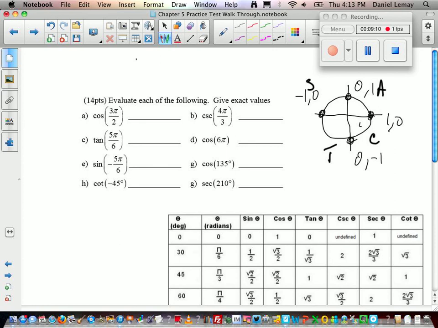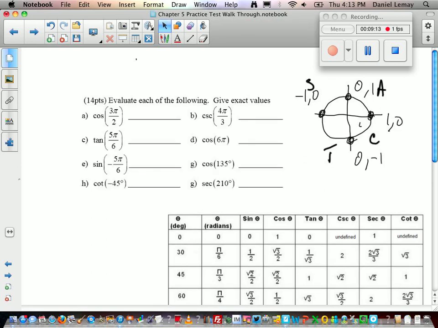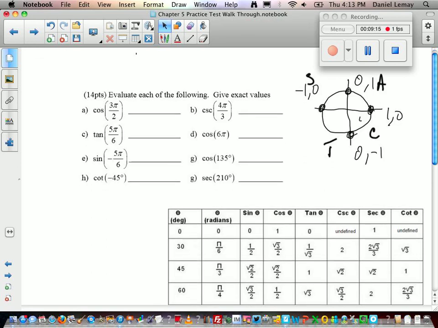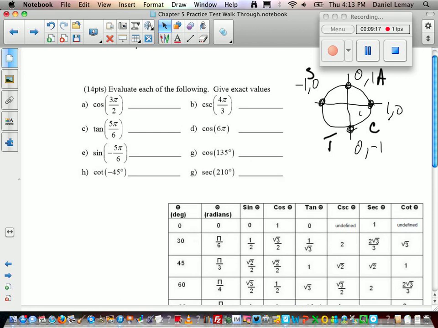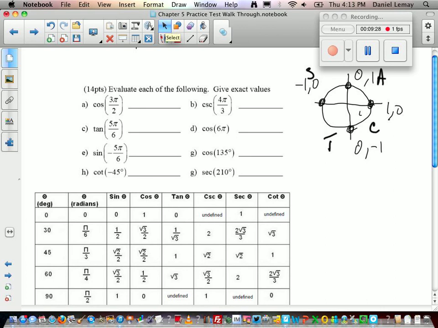Okay, now we've got to find the exact value. So I'm assuming you're going to have this table in your notes, All Students Take Calculus, which tells you what is positive in which quadrant. And then if we think about Kaylee's shortcut method of finding the reference angle, that'll help us.